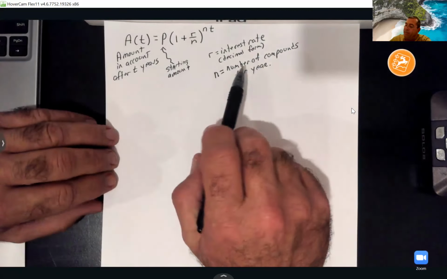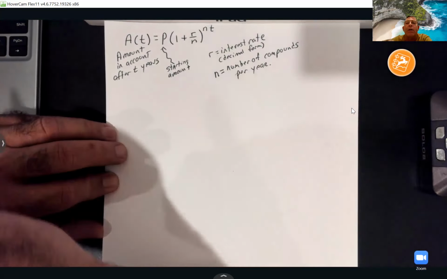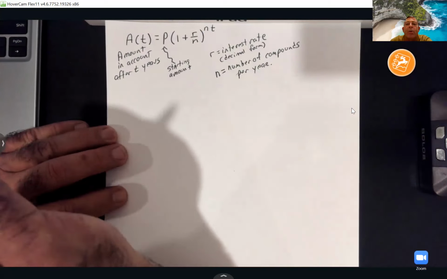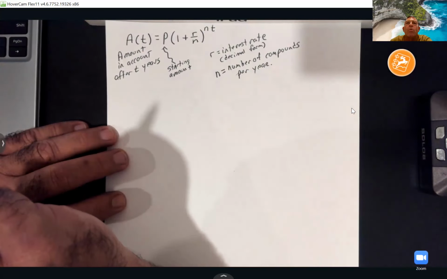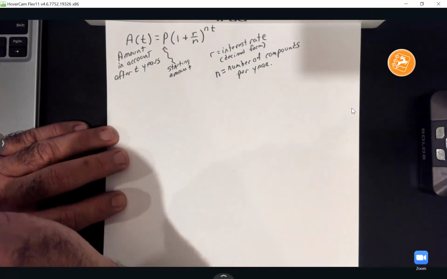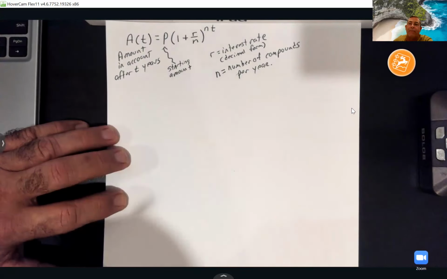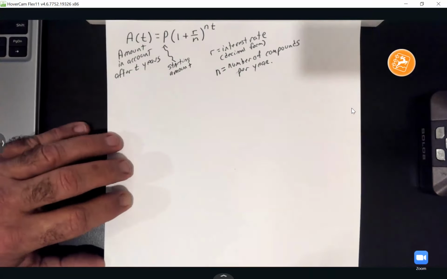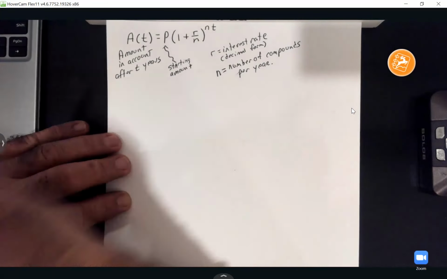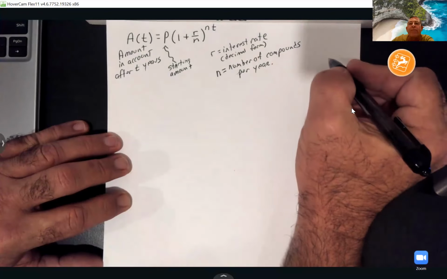So N will be the number of compounds per year. So I'll give you words like, let's see what y'all would think about this. What would quarterly be in a year? Well, think about how many times would I compound a year if I'm doing it quarterly? 4 times. There you go. So quarterly would be 4.